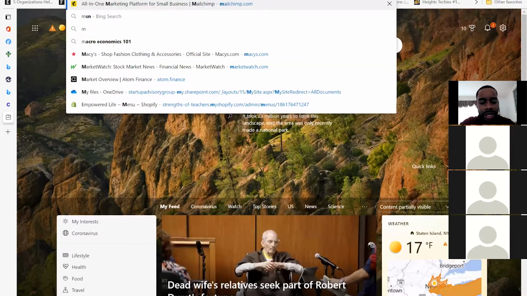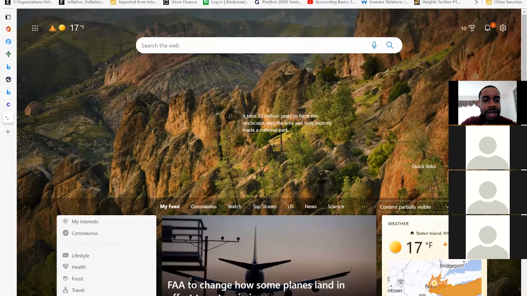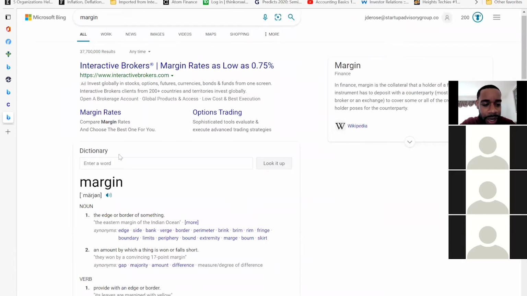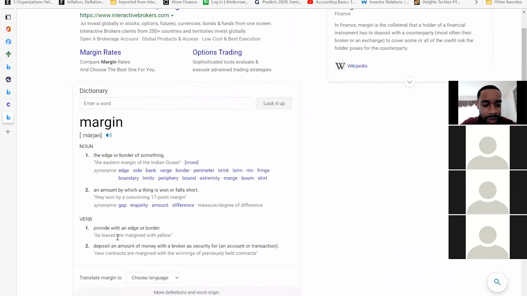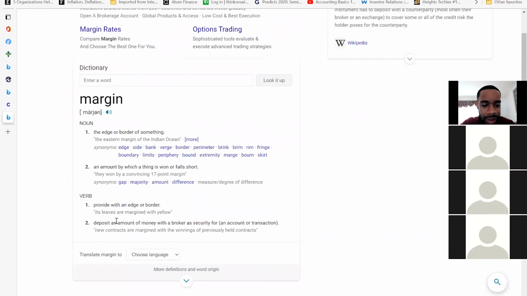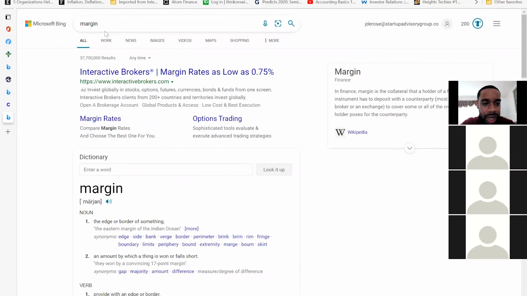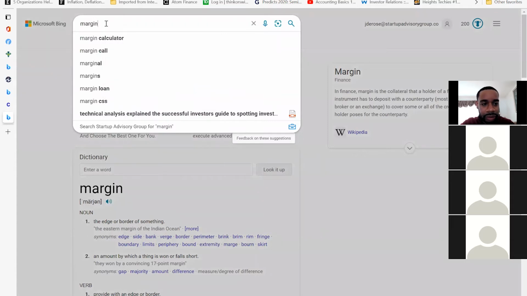Let's just get the definition of margin for you guys. I know what it is in my brain, but I want to get it for you guys, just so you understand what it is. Margin.